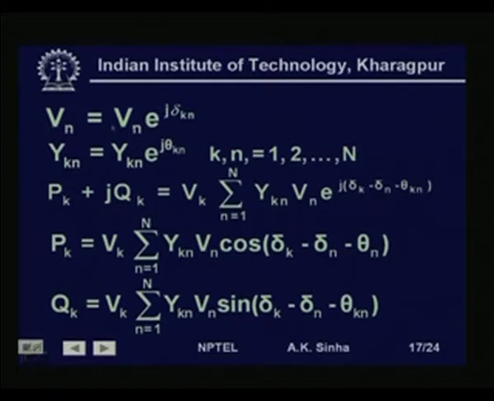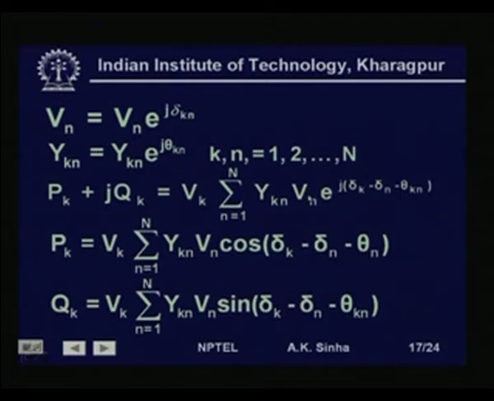So, substituting the phasor Vn and the admittance Ykn, we can write Pk plus jQk, the real and reactive power injection at bus k, equal to the phasor Vk into summation of Ykn into Vn into e to the power j delta k minus delta n, where delta k is the angle for this and delta n is the angle for Vn, negative because this part was our conjugate.